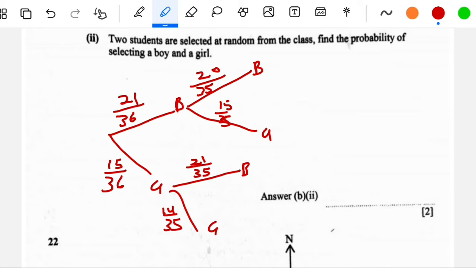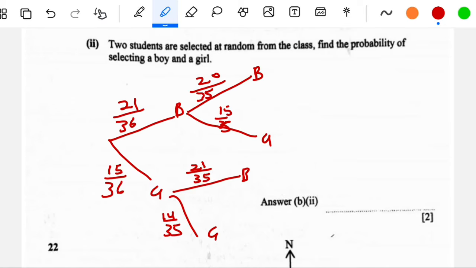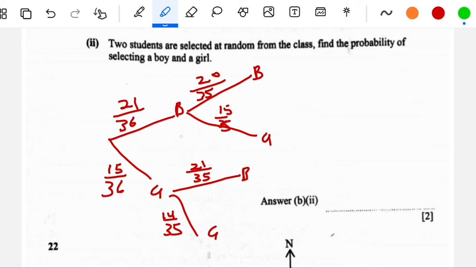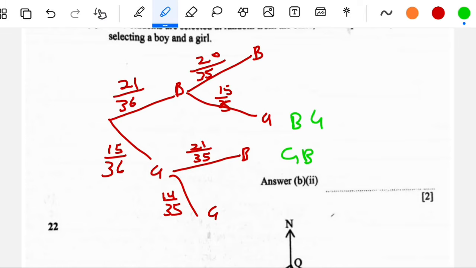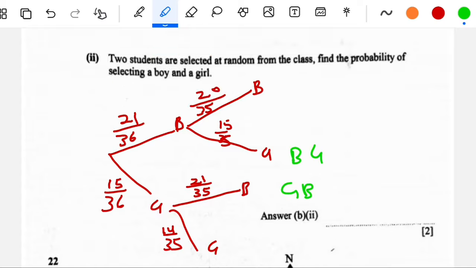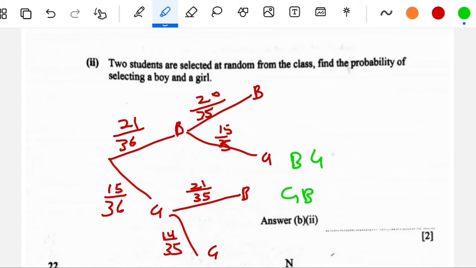Right. Now the probability of selecting a boy and a girl, we're talking of this path here, which is B, G, and this one, which is G, B. Okay, so let's calculate the probability for this one. It's going to be 21 over 36 times 15 over 35.